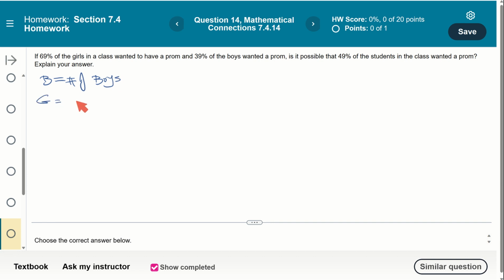Let G be the number of girls. And of course, the total number of students in the class will be B plus G, right? So this is what we're wondering.